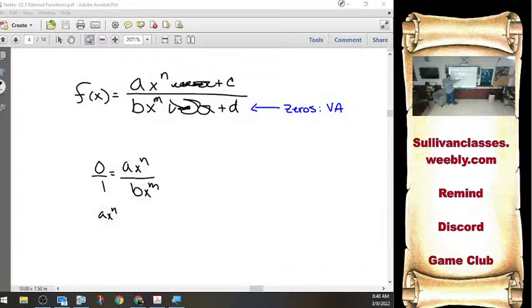Ax to the n and whatever other stuff with it equals 0. So if I want X-intercepts, it's just the zeros of my numerator. Zeros of my numerator will get me X-intercepts. Because when I plug in 0 for y, cross multiply and solve, I end up with numerator equal to 0.